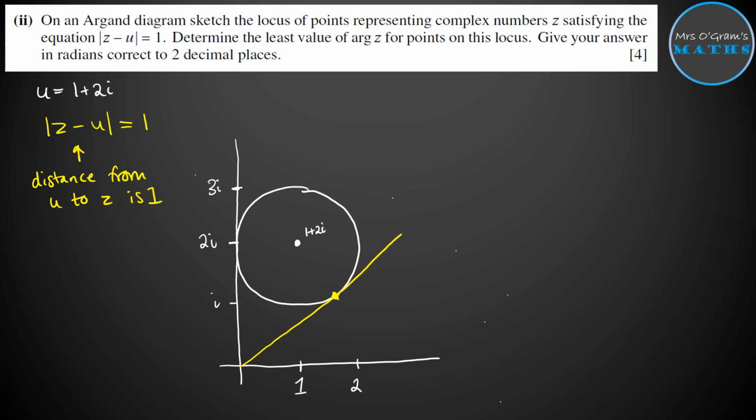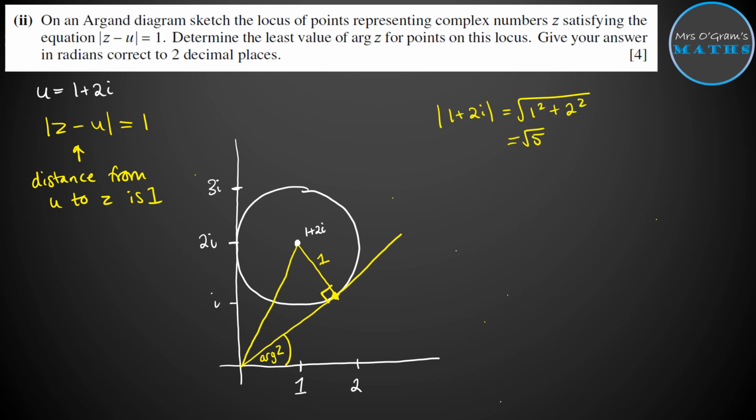So this is where z has got to be to make that argument of z the least. So this here is the argument of z. And then we need to work out how big that is. So we've got this line here, which is a radius of 1, and the radius and the tangent always form a right angle. So from there we can make ourselves a right angled triangle.